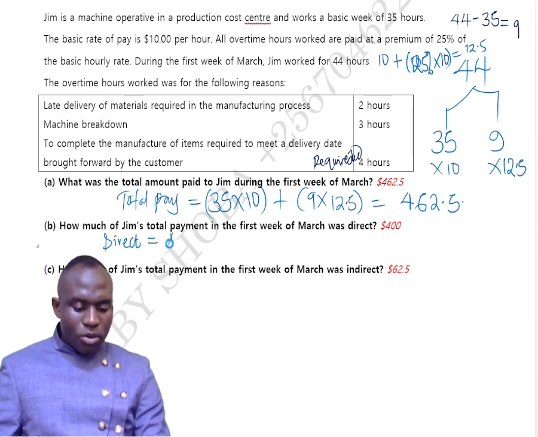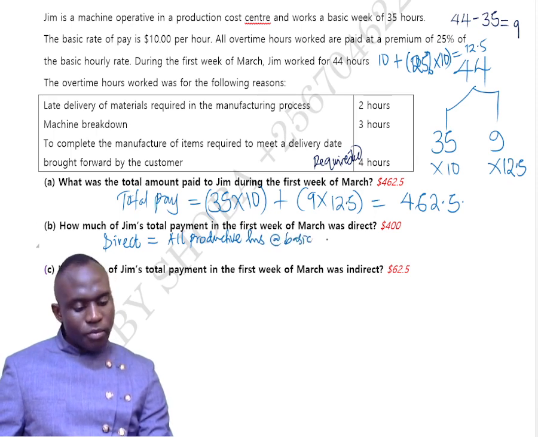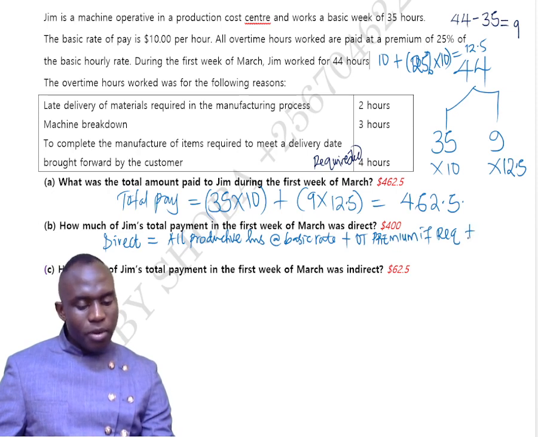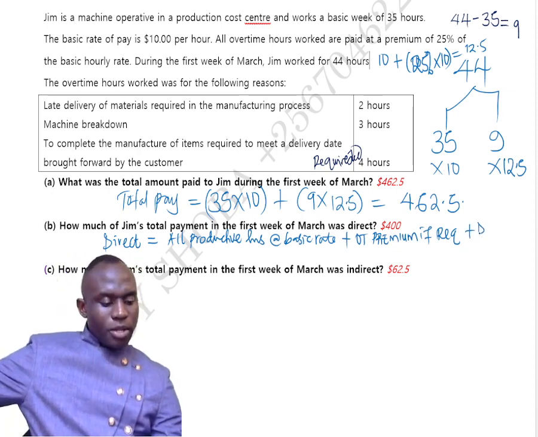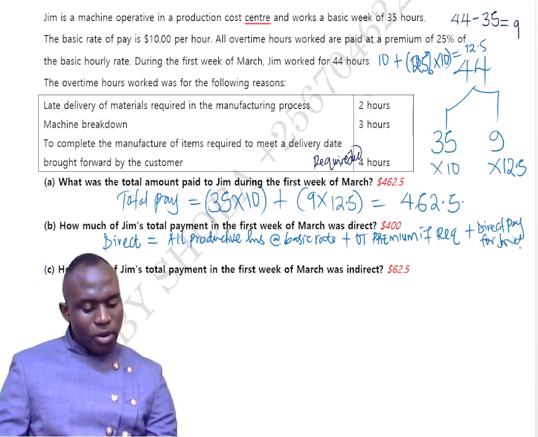Direct payment is all productive hours but at the basic rate, then plus the overtime premium if requested, then finally plus the rare one, direct pay for indirect workers. So it is direct payment for indirect workers.